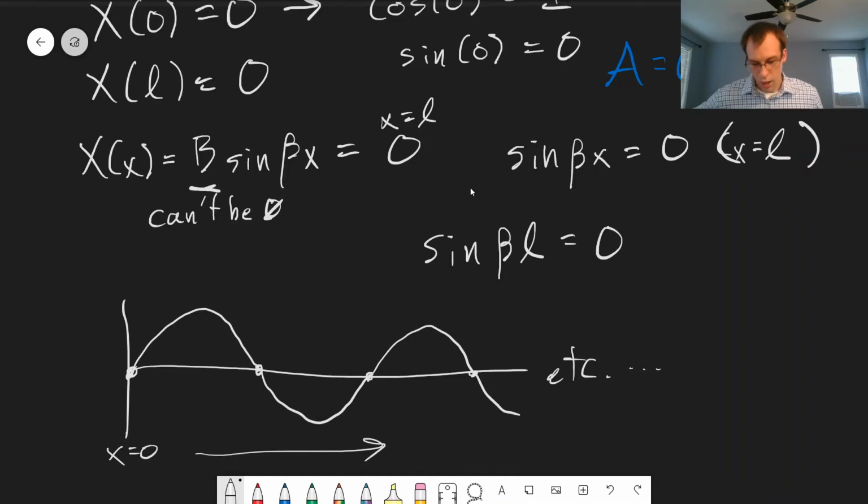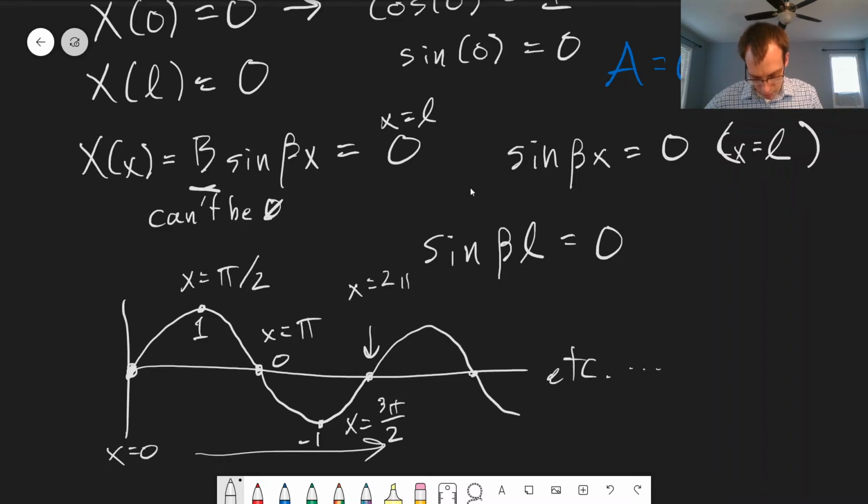Now, if we remember properties of sine functions, at x equals 0, sine is equal to 0, and at x equals pi over 2, sine is equal to 1, or 90 degrees, but we're thinking in radians here. When x is equal to pi, that's when sine goes to 0 again. Sine goes to negative 1 when x equals 3 pi over 2. And at x equals 2 pi, we've completed one cycle, and we get back to 0.